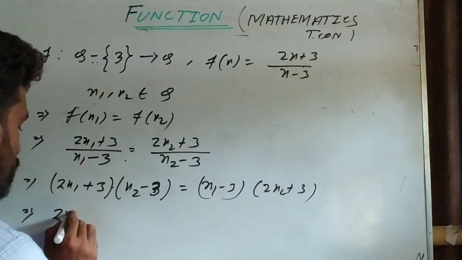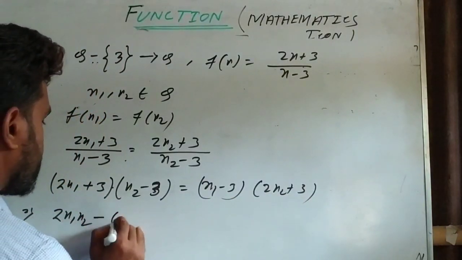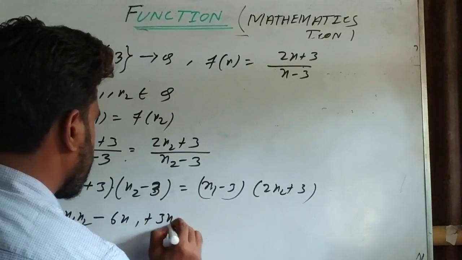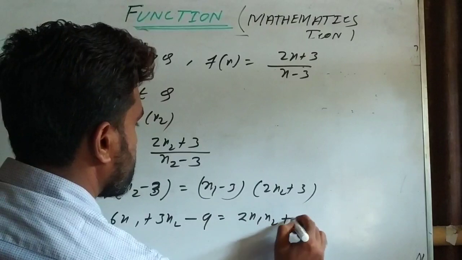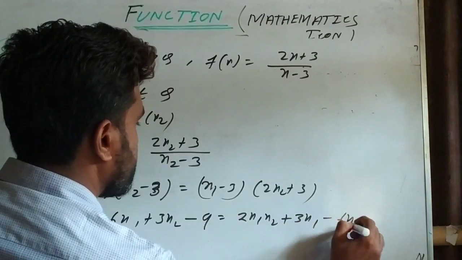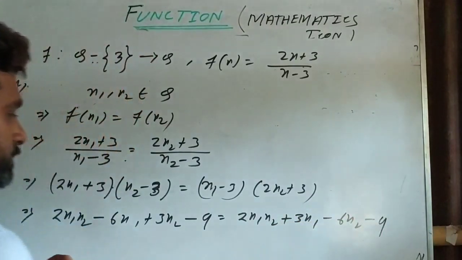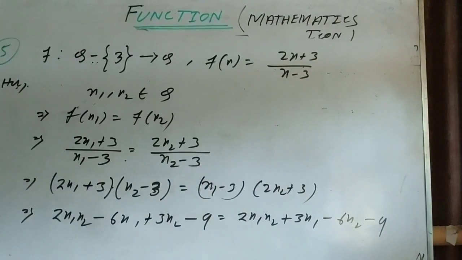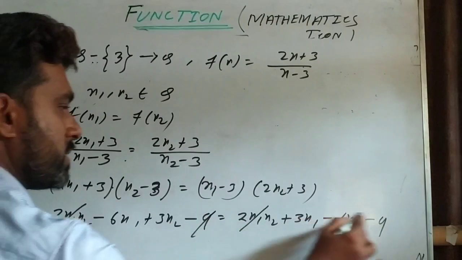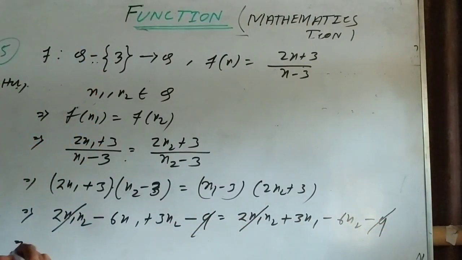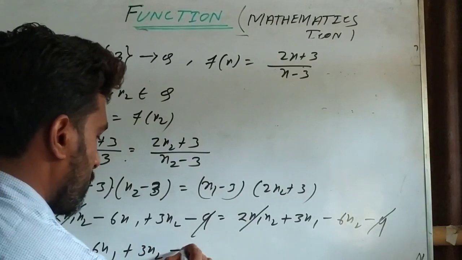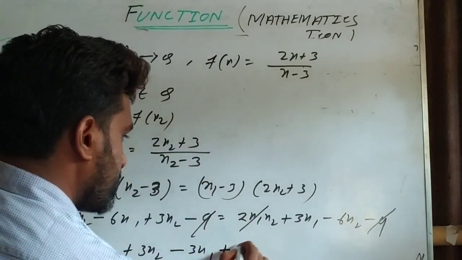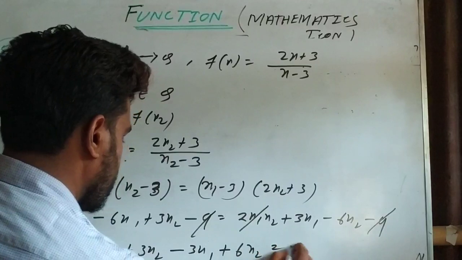So multiplication 2x1 x2 minus 6x1 plus 3x2 minus 9 equals to 2x1 x2 plus 3x1 minus 6x2 minus 9. हो गया। अब यहाँ पर देखो 2x1 x2 कैंसिल, minus 9 कैंसिल। सो यहाँ पर देखो minus 6x1 plus 3x2 minus 3x1 plus 6x2 equals to 0.